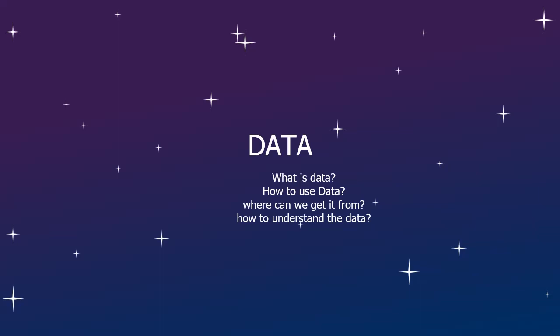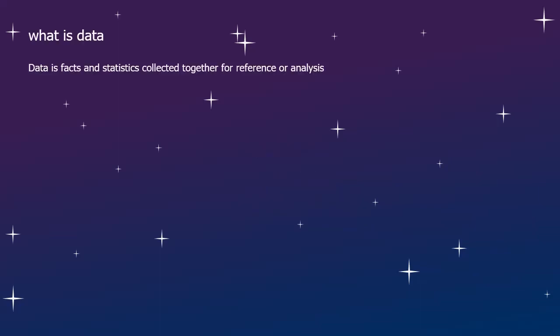So let's begin. Firstly, what is data? Data are the facts and statistics collected together for reference or analysis. Basically, if you are going from one place to another, you should know what vehicle you are using, what the horsepower of the vehicle is, what the average speed and the maximum speed of the vehicle are. These are little facts that you are using.